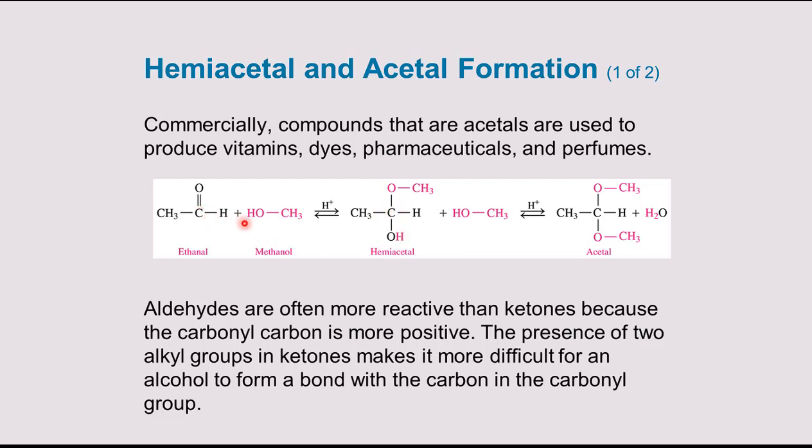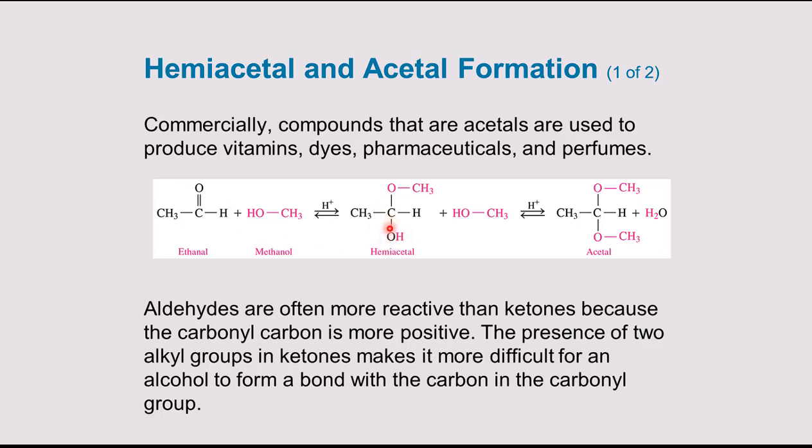We are first going to reduce the aldehyde group, the C double bond O, to just a C single bond oxygen. The hydrogen from the alcohol is then going to bind to what was that aldehyde oxygen to give us an alcohol group here. So this CO is the original aldehyde C double bond O.